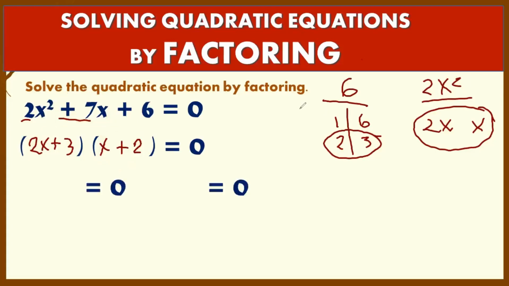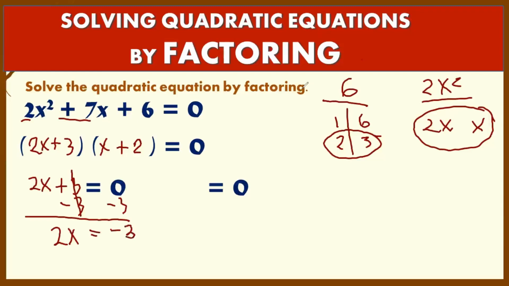Next is equating the binomials to 0, so we can find the value of our x sub 1 and x sub 2. 2x plus 3 is equal to 0. Then you need to move your positive 3 to the other side. It will become negative 3, minus 3. So you have 3 minus 3 is 0. 2x is left, and the right side is equal to negative 3. Then divide by 2 on both sides to get the value of x.